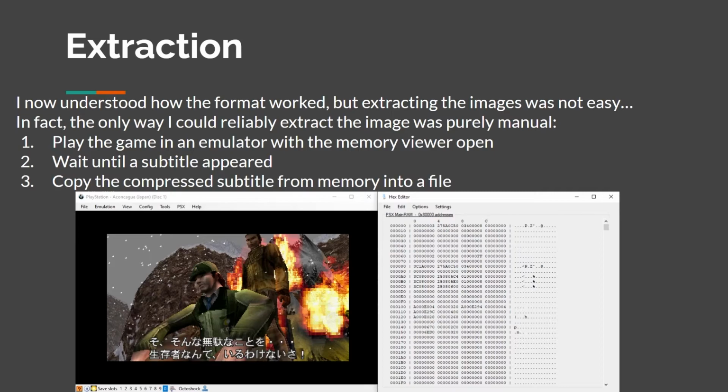So what I could do was play the game in an emulator with the memory viewer open and copy manually every single compressed subtitle into a file as it appeared in the cutscene. This was a very, very manual process that I did have some help with from Mr. Nobody, but it was quite tedious, but necessary, because the format was just so strange.